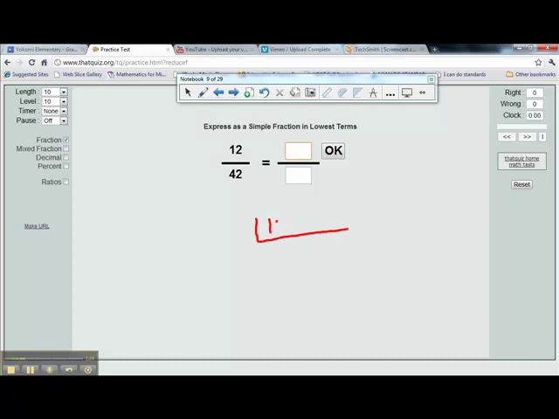So let's place 12 and 42 on the ladder. And the smallest prime number that goes into both 12 and 42 is 2. 2 goes into 12, 6 times. 2 goes into 42, 21 times. So we'll draw another rung on the ladder. Well, 2 goes into 6, but it does not go into 21. So the next smallest prime number is going to be 3.